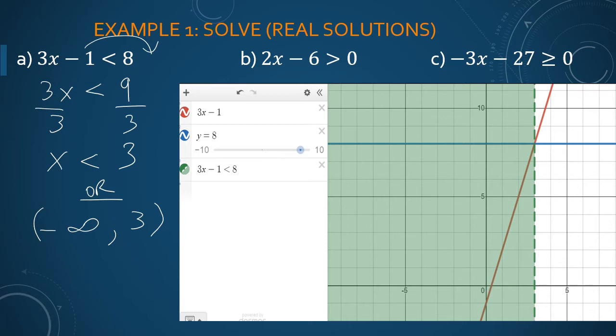If you look at your x-axis, it's going up by ones, 1, 2, 3. So everything from 3 and to the left, to negative infinity. You can clearly see that the red and the blue intersect when x is 3, and anything to the left, the red one is lower than the blue line. And that's why that's a solution set, because we want to know when is it less. If this was a greater than question, when is my red function above my blue function? Well, anything bigger than 3 to the right. So that just gives you a visual of what we just did algebraically.